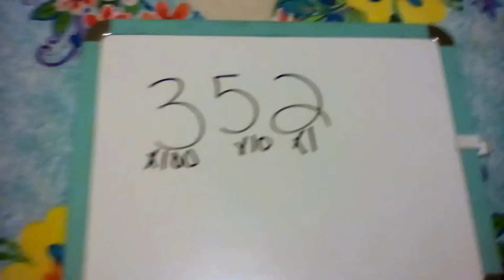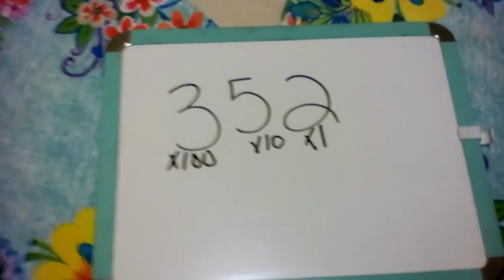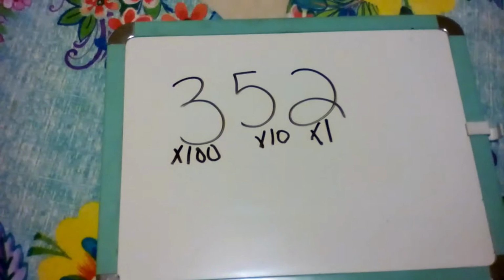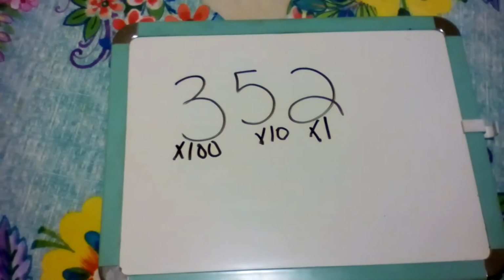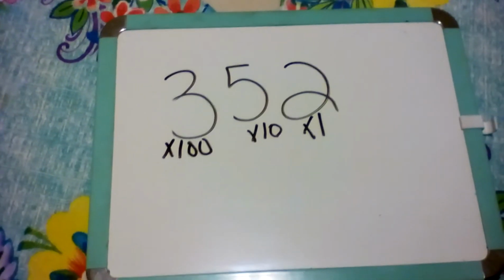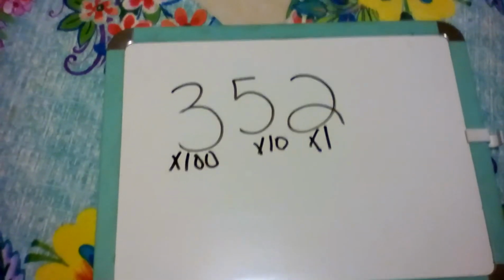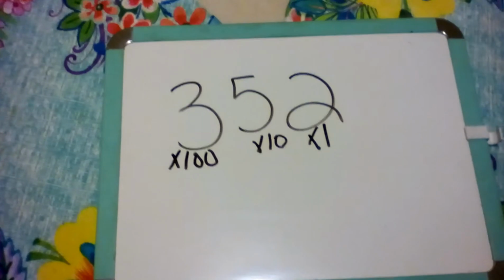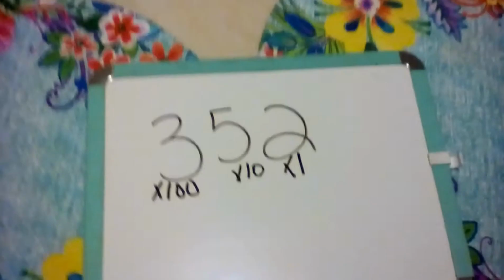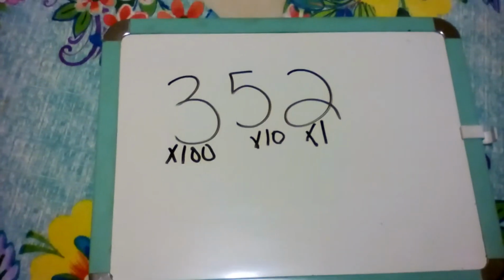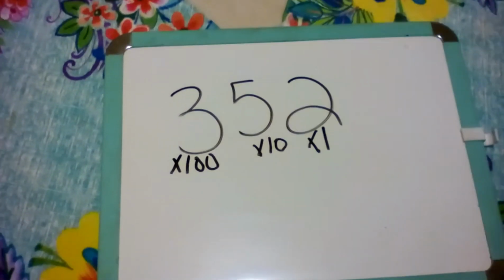So we've done our place value. We understand that because the digit is placed in a certain spot, it automatically has to be multiplied times a certain value, and that's how we look at place value when we're looking at multiple digit numbers.